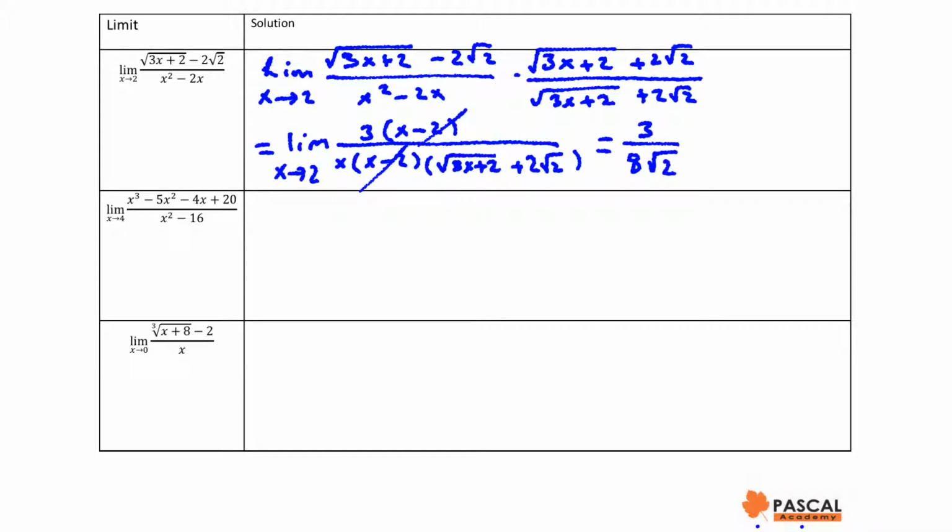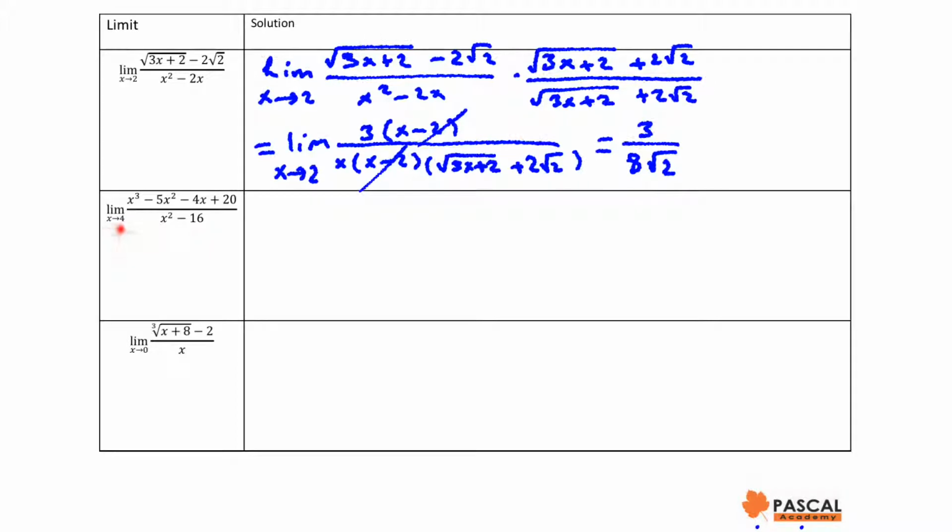Therefore, the given limit is 3 over 8 root 2. The key here is reducing the fraction by x minus 2. Whenever you get 0 over 0, you have to reduce the fraction by x minus the number that x is approaching, in this case x minus 2.